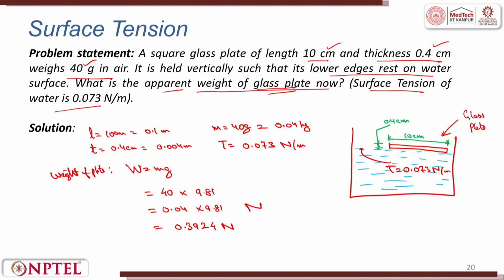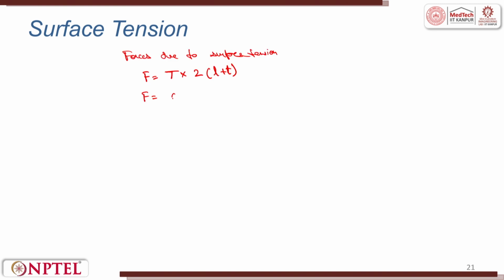This T is at the surface. This is 0.073 times 2 into length plus thickness. Length is 0.4 meter and thickness is 0.04 meters. This gives me the value of F as 0.015 Newton.